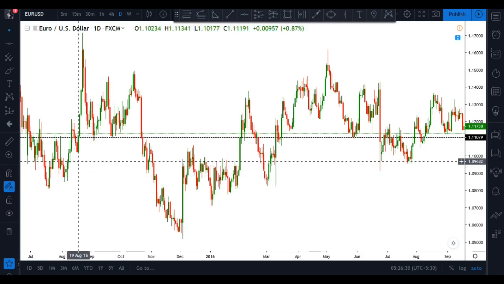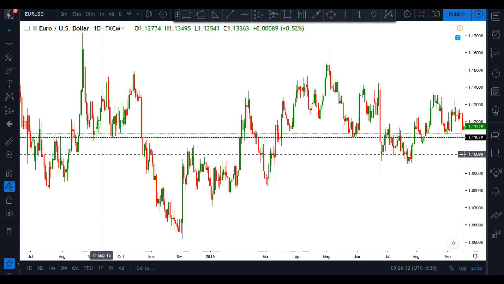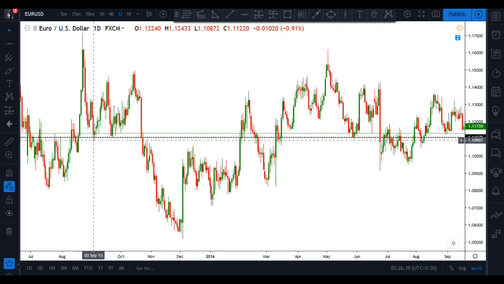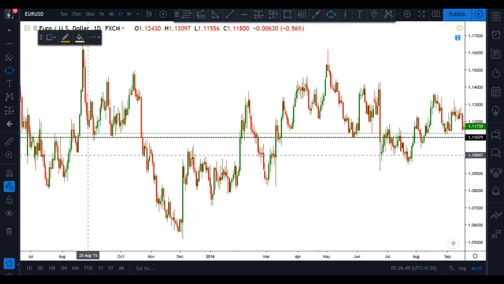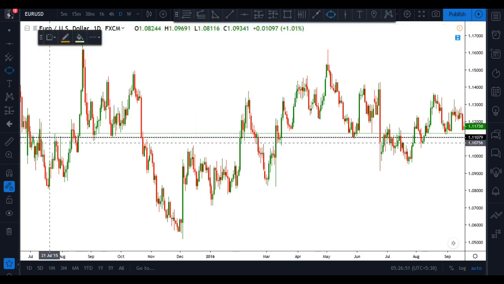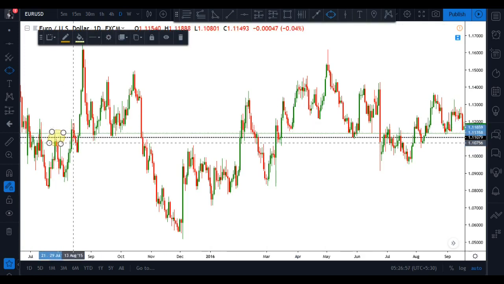So here's the thing. I placed a horizontal line at this point where the market turned back. After placing that horizontal line, you can see that the market has made some reactions around it, right?